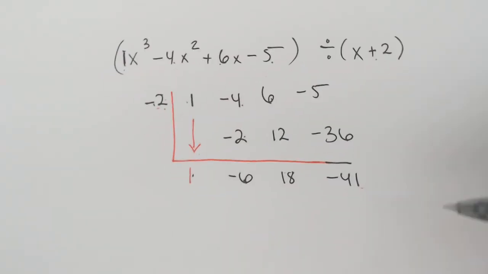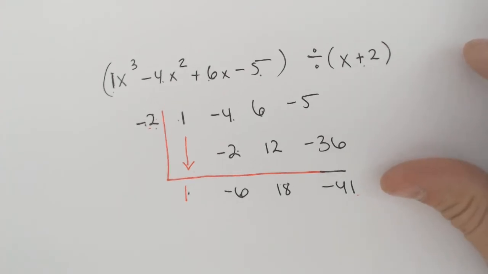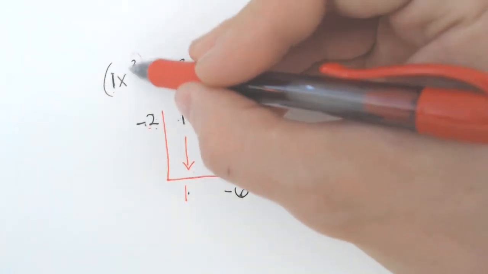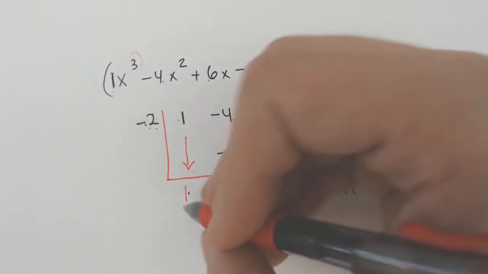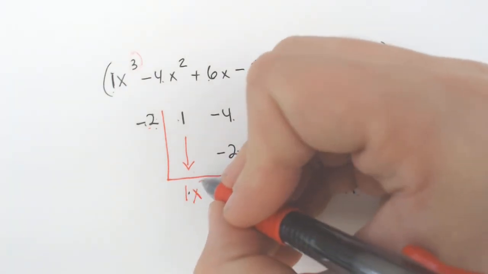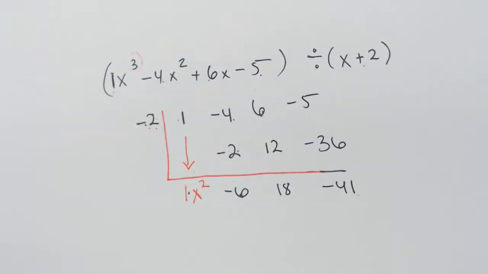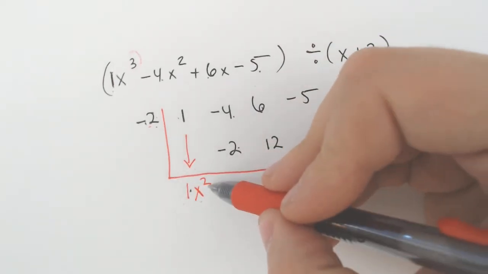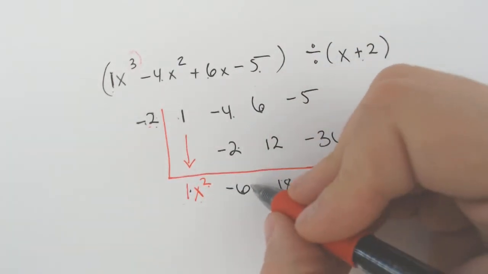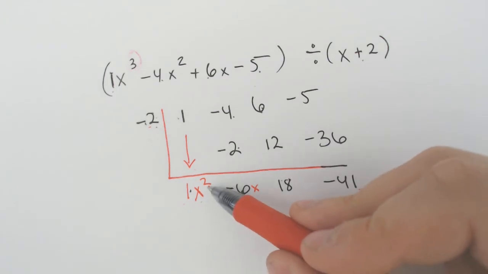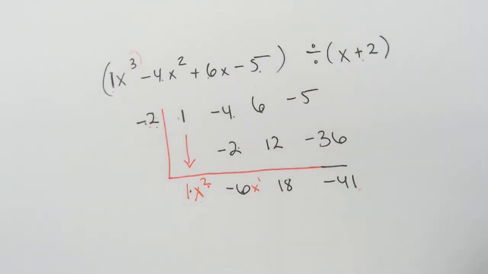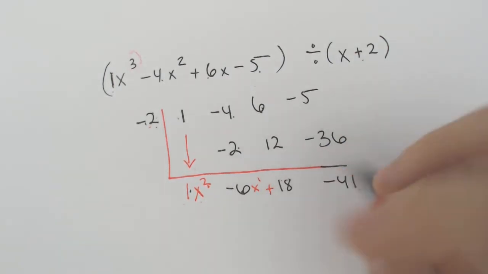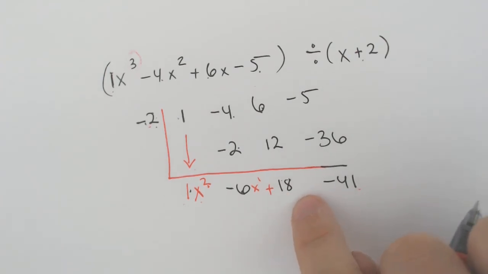What will happen, because we are doing synthetic division, is if you started with an x to the third, now this is going to be an x squared, one less because we divided. So this is 1x squared, minus 6x, plus 18, no x's, because we're out of x's.